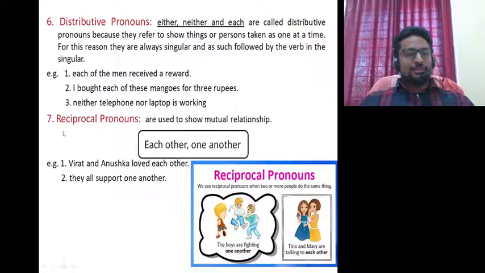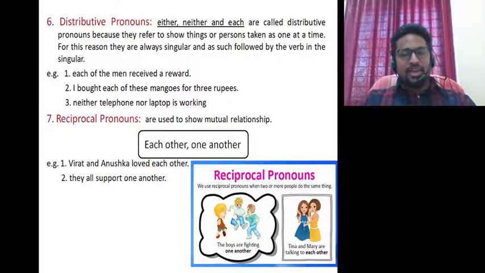Let's discuss the reciprocal pronoun. Reciprocal means give and take. They are used to show mutual relationship. When someone gives to us, we have to return something to them, right? Then only does the mutual relationship function.